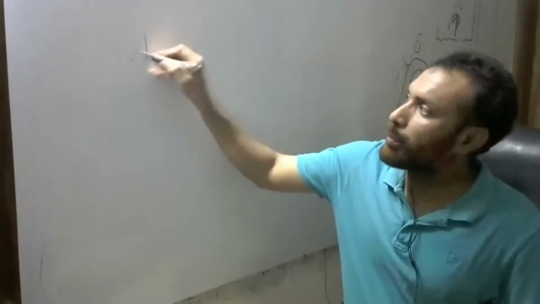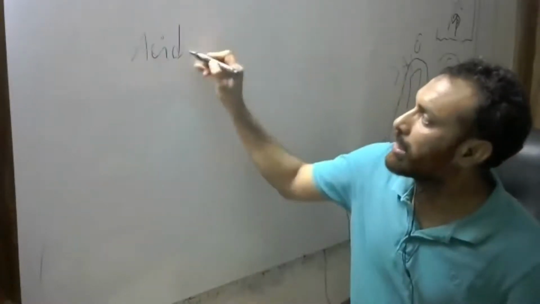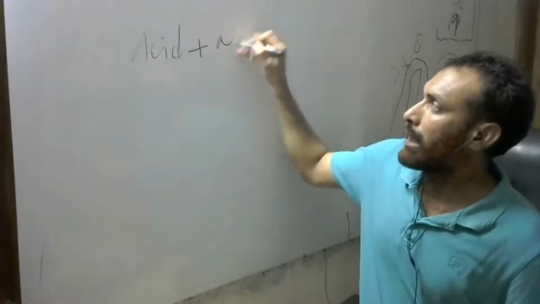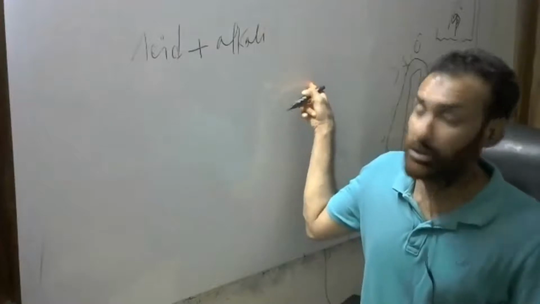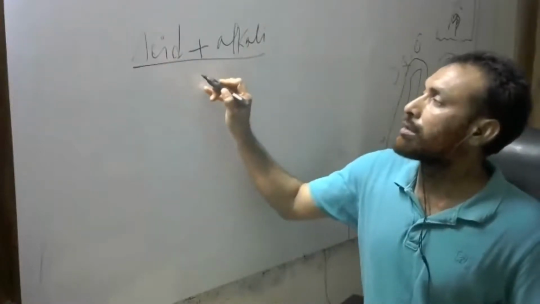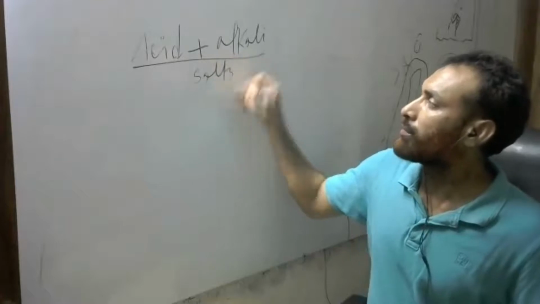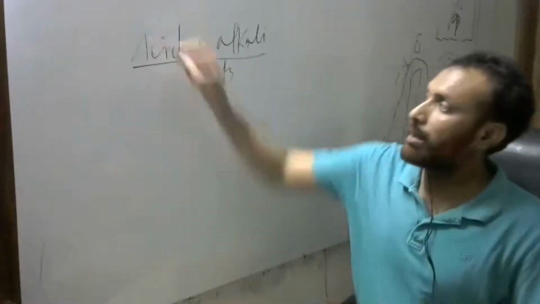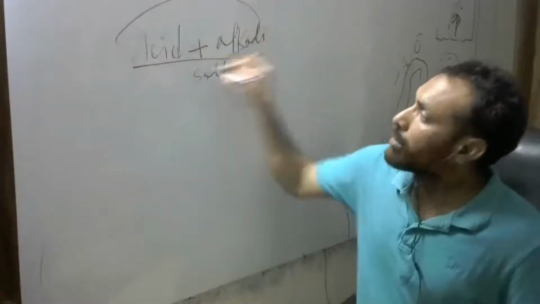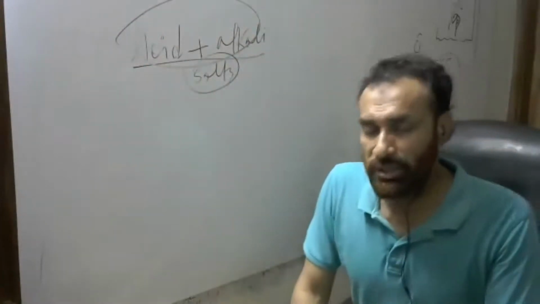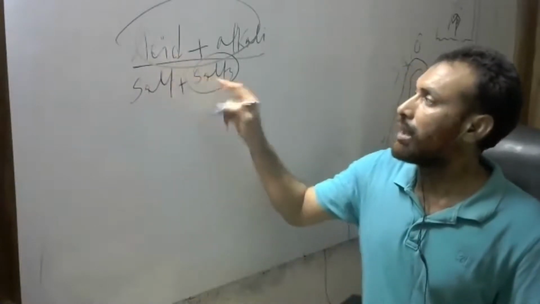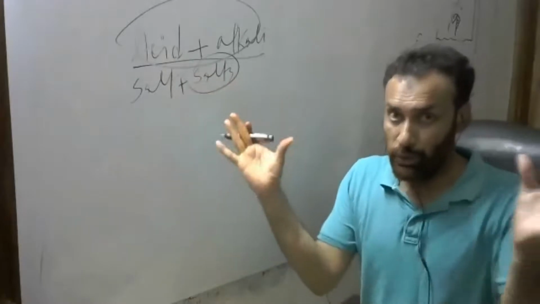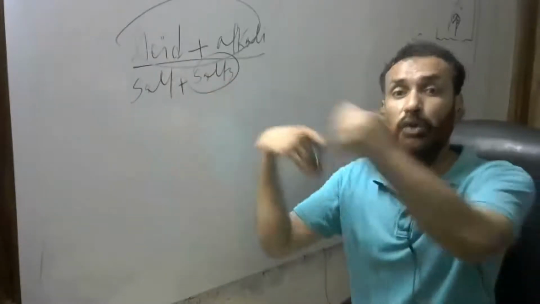Normally, they could be an acid and an alkali, or an acid and another salt or carbonate salt, etc. The main thing is both substances should be aqueous, or it could be two salts. When two salts react, they form two more salts.